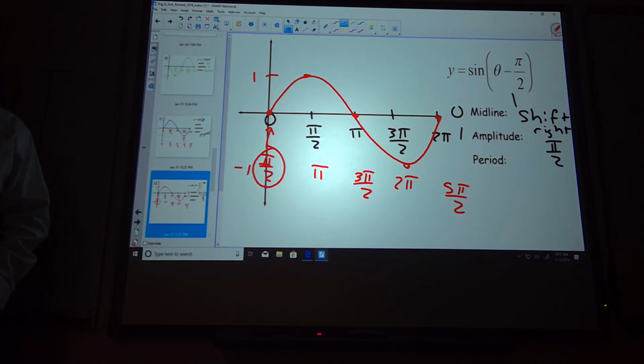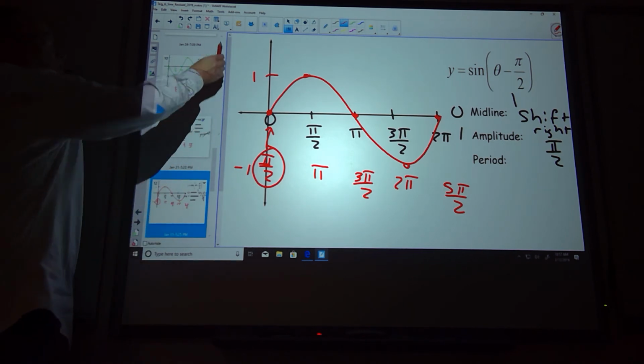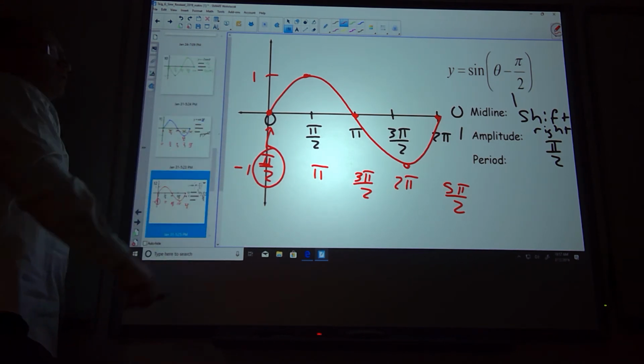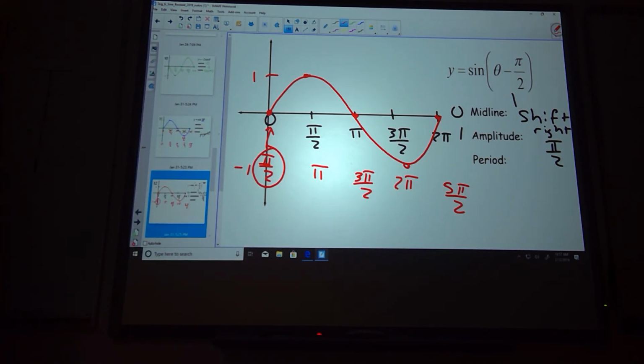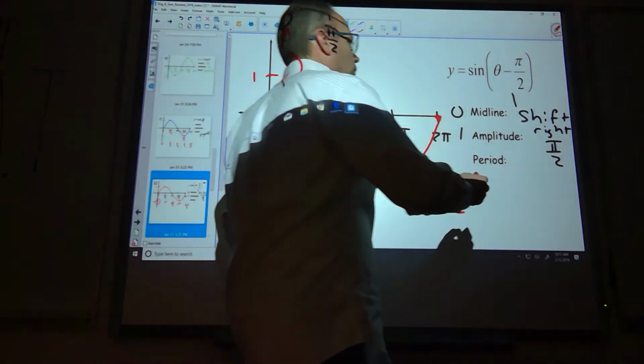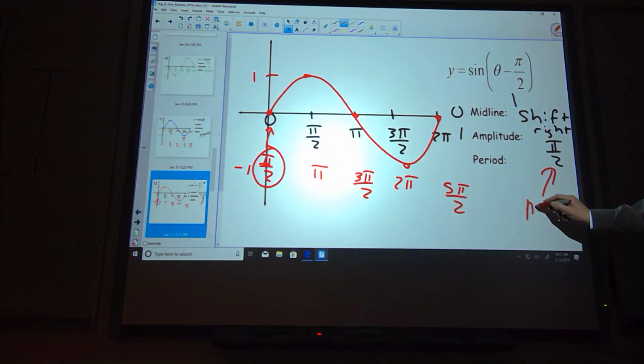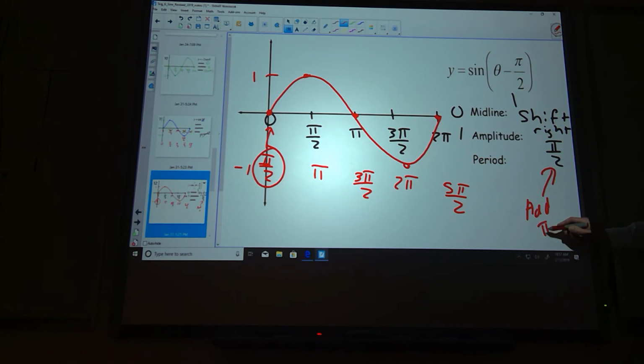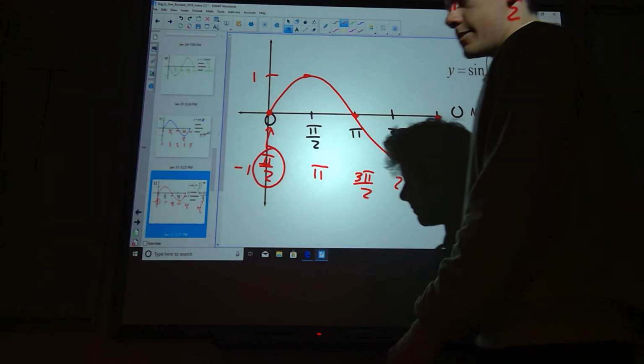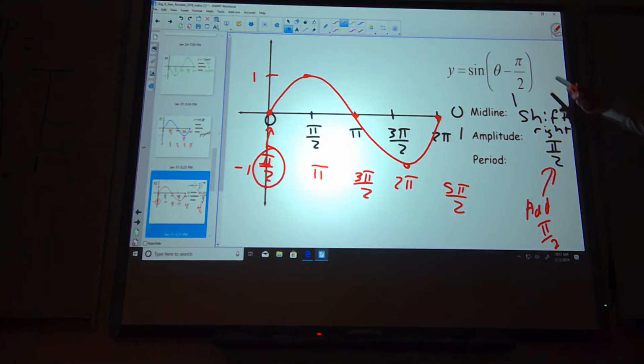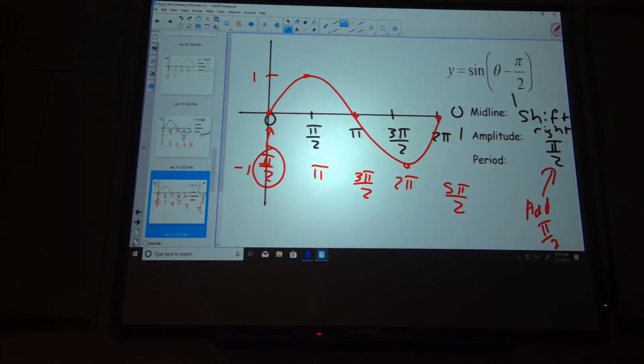It's pi over 2. So the y-axis is actually here now. So I changed my label. I realized if I have a shift right, that means add pi over 2 to all of my points that I already know. If this was a plus, I would subtract it. That's all you have to do.